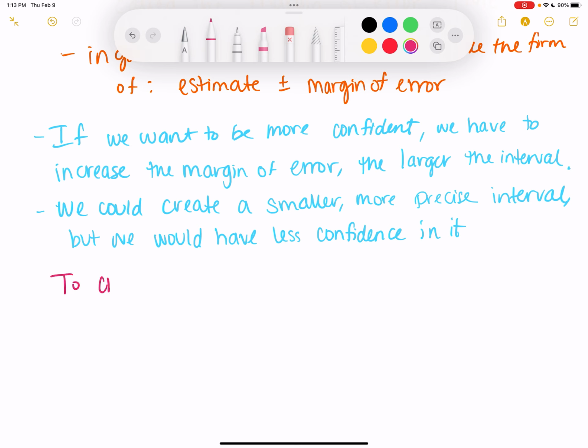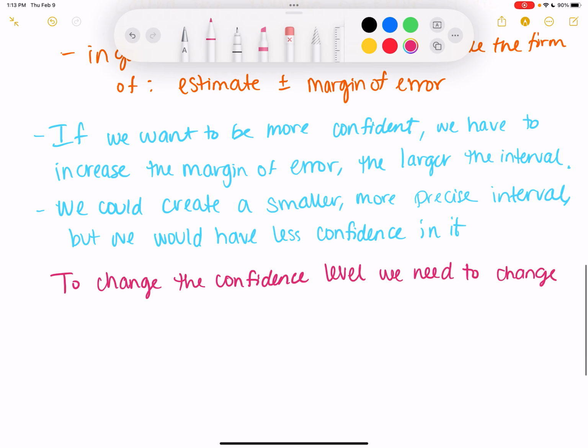To change the confidence level, we need to change the number of standard errors.